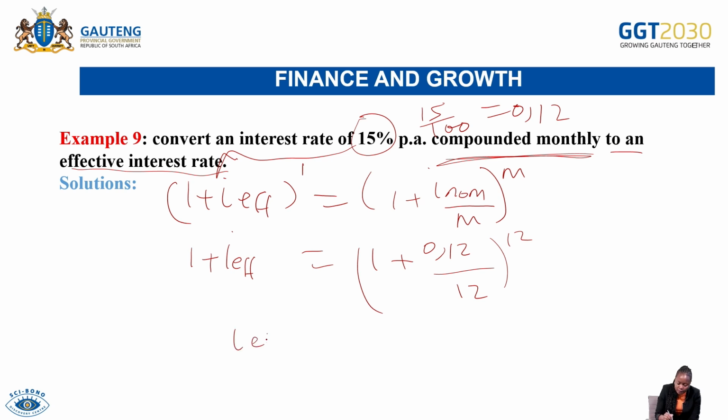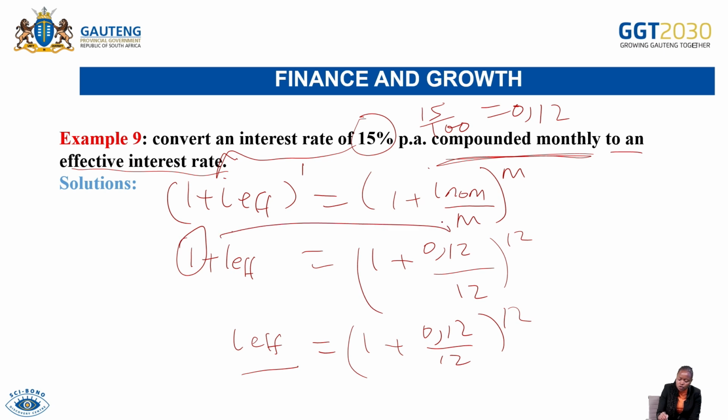So 1 plus i effective equals 1 plus 0.15 divided by 12, to the exponent 12. We need to solve for the i effective, so you take the 1 to the other side, and remember when you take it to the other side, it changes sign from positive to negative 1.